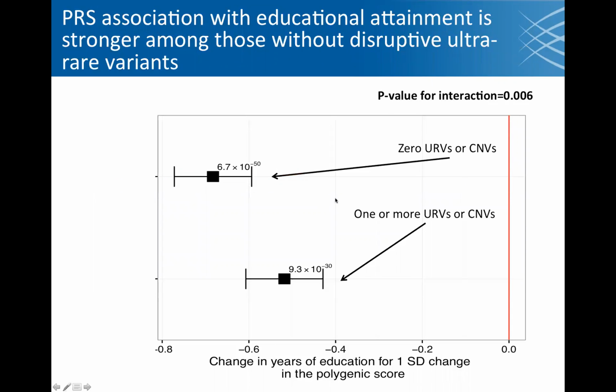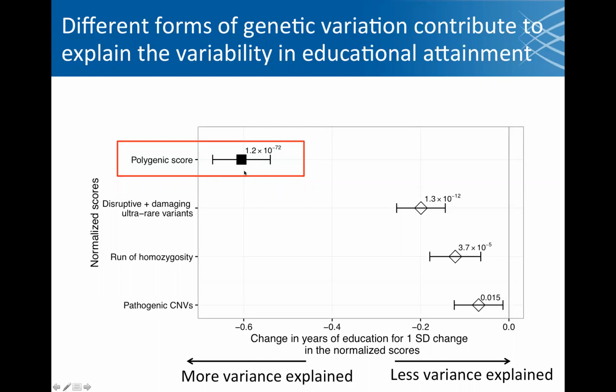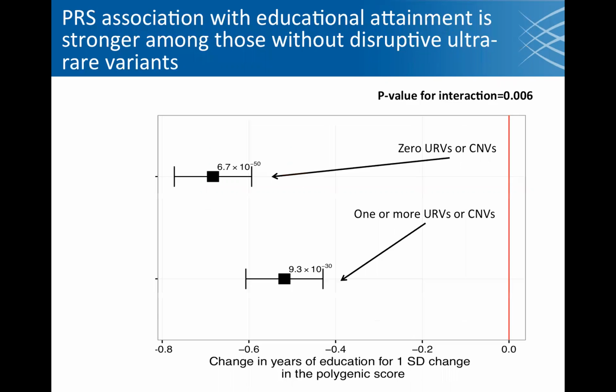What I'm plotting here is the effect of the polygenic score. I'm taking this point on the graph and splitting it into individuals that do not have ultra-rare variants and individuals that do carry ultra-rare variants. The question is what the impact of the common variant polygenic score on educational attainment is once we stratify individuals who carry these ultra-rare variants and those who do not.